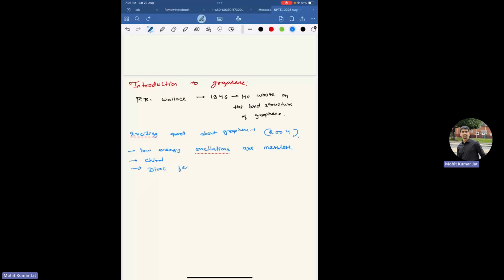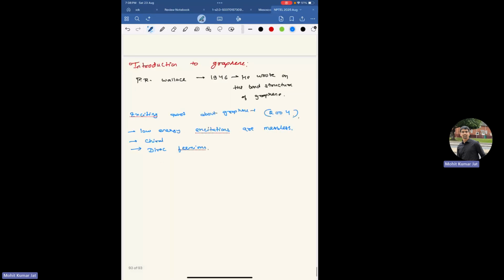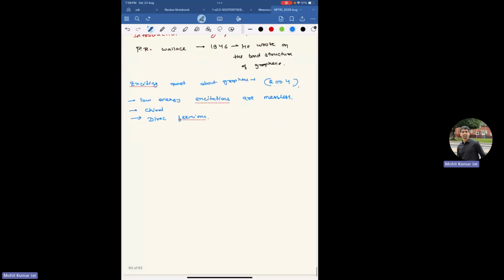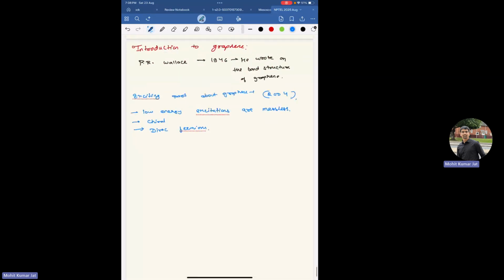Dirac fermion means the dispersion, instead of being parabolic, is linear. In neutral graphene, the chemical potential crosses exactly the Dirac point. This particular dispersion is only valid at low energies. This mimics the physics of quantum electrodynamics for massless fermions, except that graphene fermions move at a speed which is 300 times less than the speed of light.